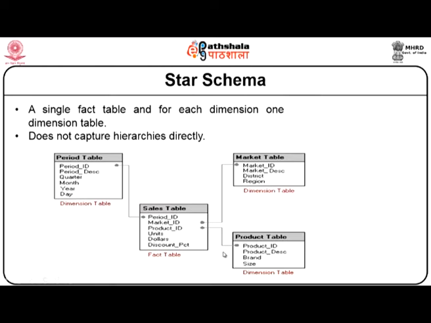The fact table that I consider here will be a sales table which involves product ID, market ID, period ID, units, dollars and discount packets. If I am to construct such a sales table, as per the records I might require a period table, which might again involve a lot of attributes like period ID, period description, in which quarter, in which month, in which year and which day.